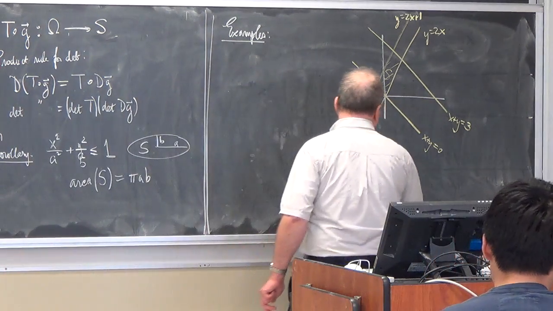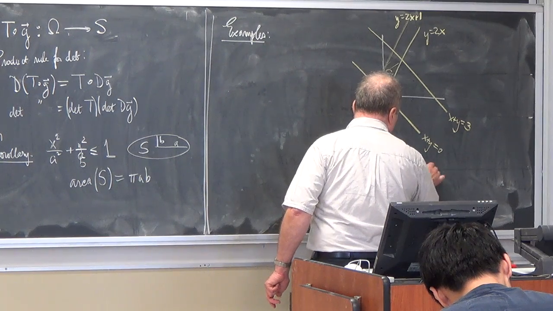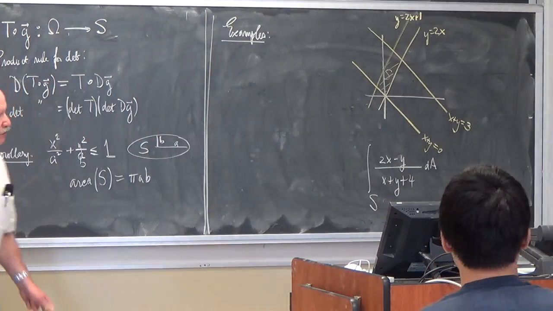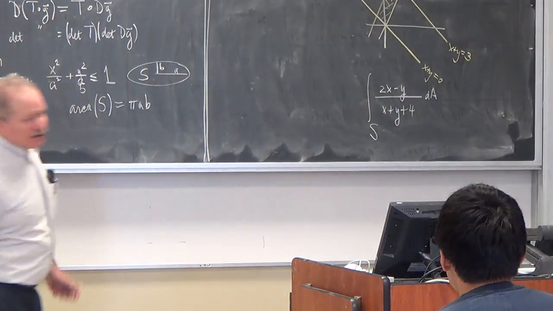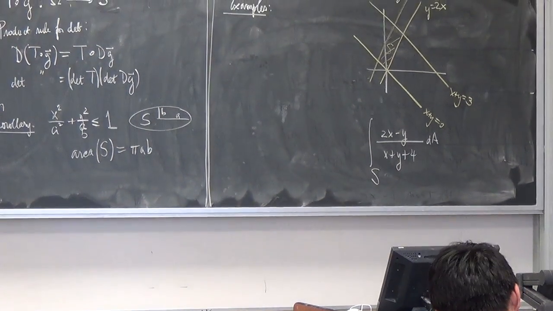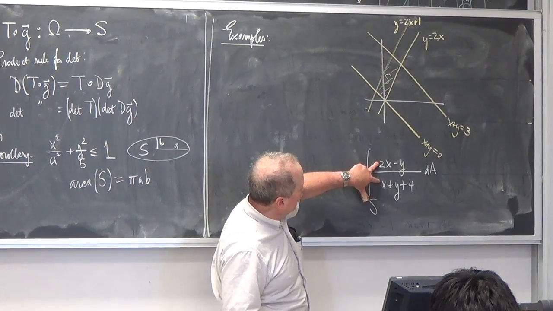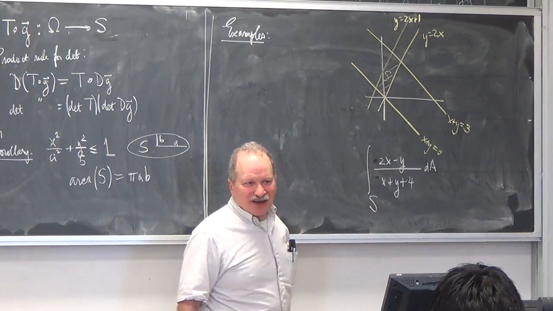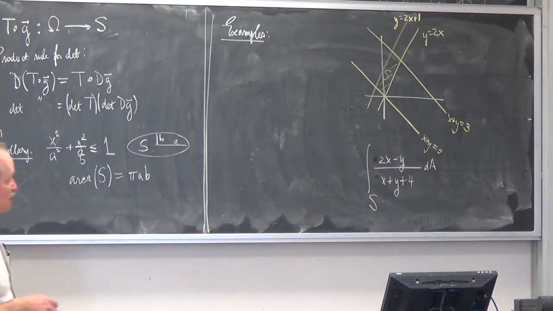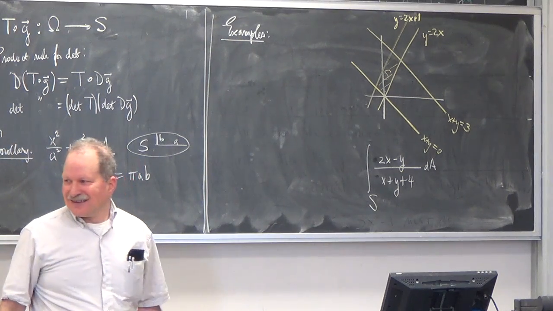This is going to be very convenient: 2x minus y over x plus y plus 4, and you want to integrate this over S. The person who made up the problem was being very obliging because the functions appearing here are very nicely related to what's defining the sides of the parallelogram. It doesn't have to be that nice, but let's warm up with this problem first. Let's go to UV space.